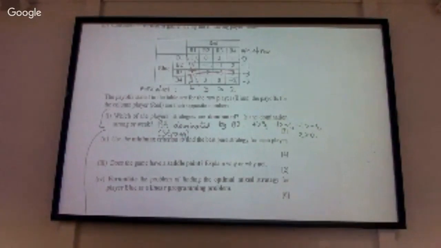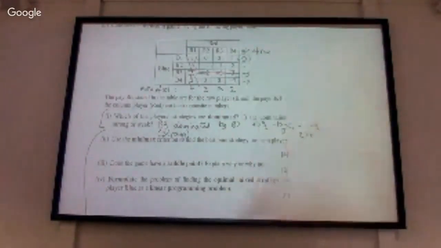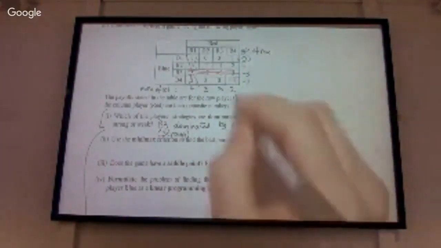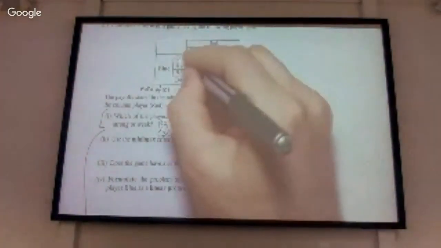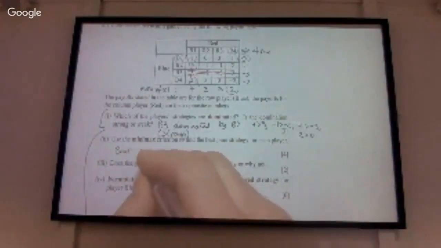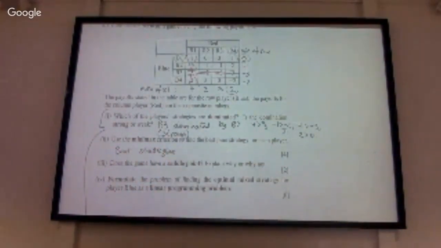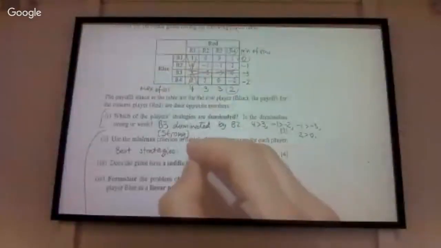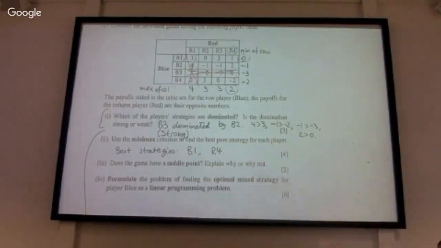Select the maximum. Exactly. So the maximum is the largest one, so that's 0 here, and the minimum is the smallest one, which is the 2, so R4 and B1. So the best strategies suggested by this Minimax are, again, B1, R4.